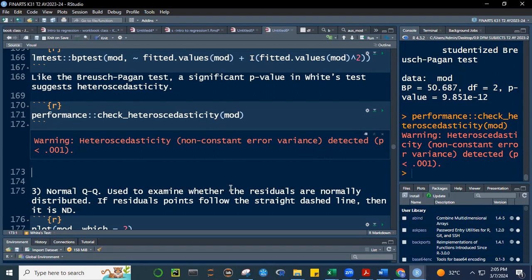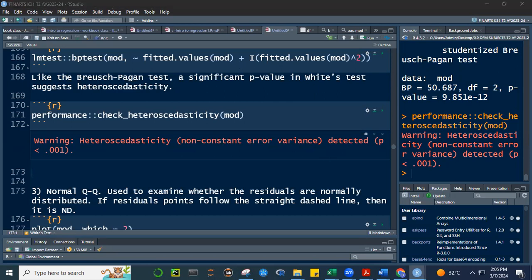Okay? All right. Any questions so far, class, about heteroscedasticity? Kindly chat, please. Any comments about that? Are we clear so far?